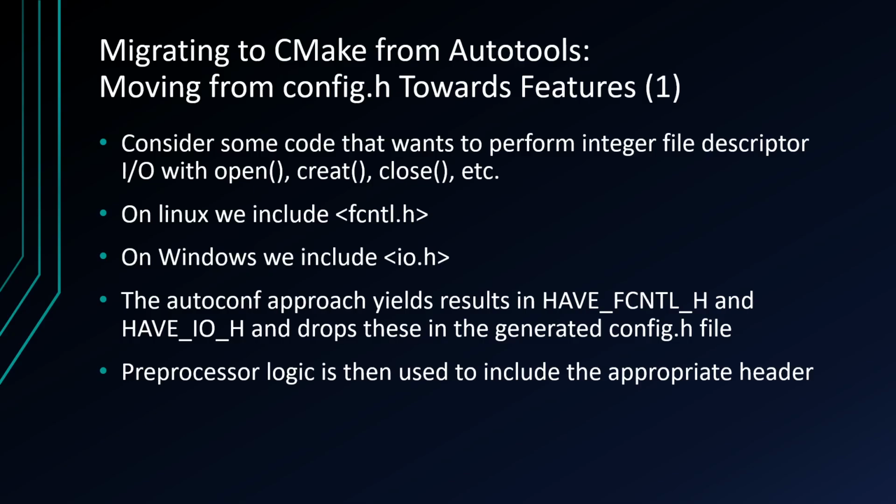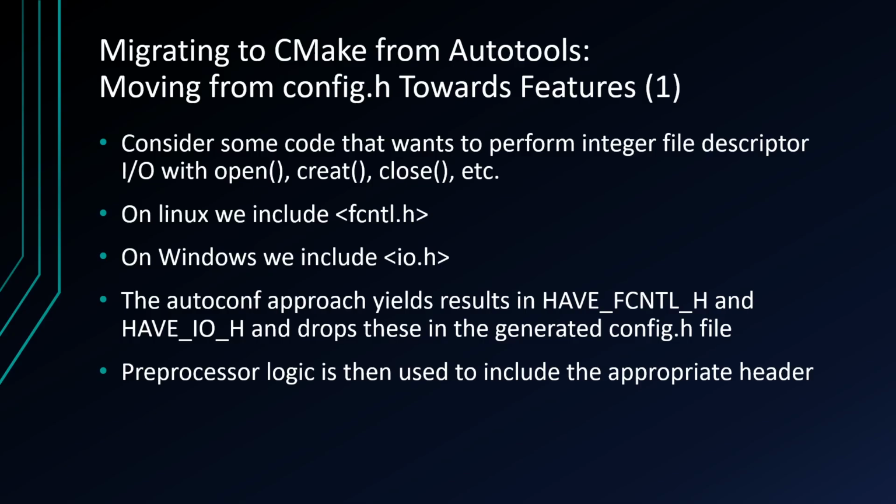Now, we mentioned the typical behavior is to generate a config.h with preprocessor macros defined in it, like HAVE_FCNTL_H or HAVE_IO_H, and then the clients #include that config.h, check the values of those things, and decide what's the appropriate header file to include in order to get something done.